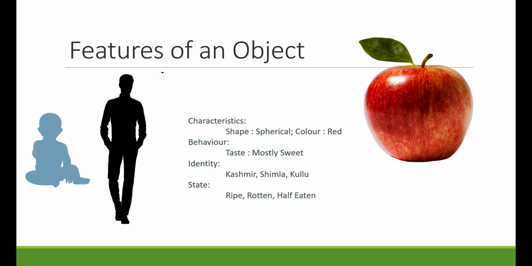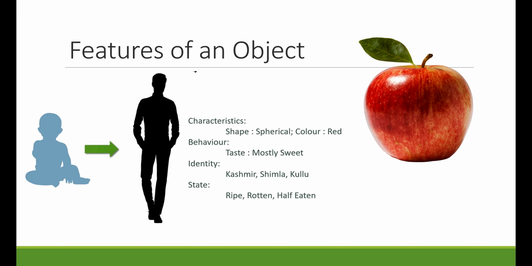Like a child of age 2 years obviously differs from a man of age 27 in height, weight, age, and various other behaviors. Thus, these are the states of an object. You can see the change of state for an object. Hence, these are the 4 main features of an object. Those are characteristics, behavior, identity, and state.